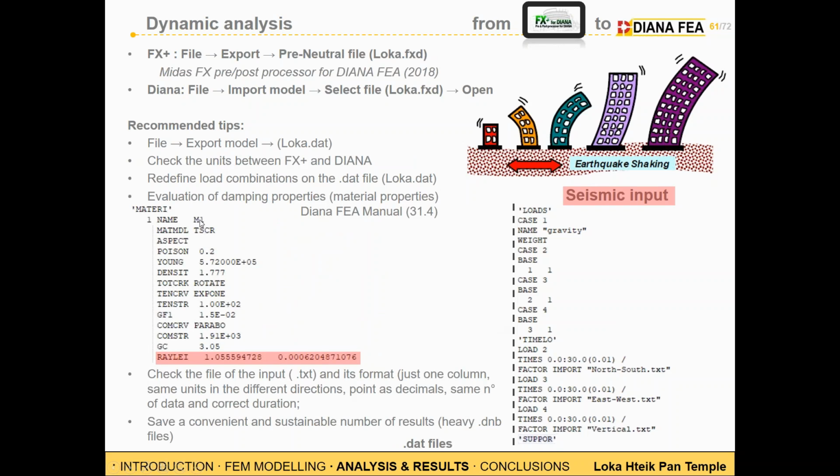Okay. So from the strings related to the material, we have to add the Rayleigh damping, and as we have seen before, we can do it also from the graphical interface, and these two numbers represent the damping properties, which depend on the frequencies you are going to select as a representative for the seismic behavior of your structure.